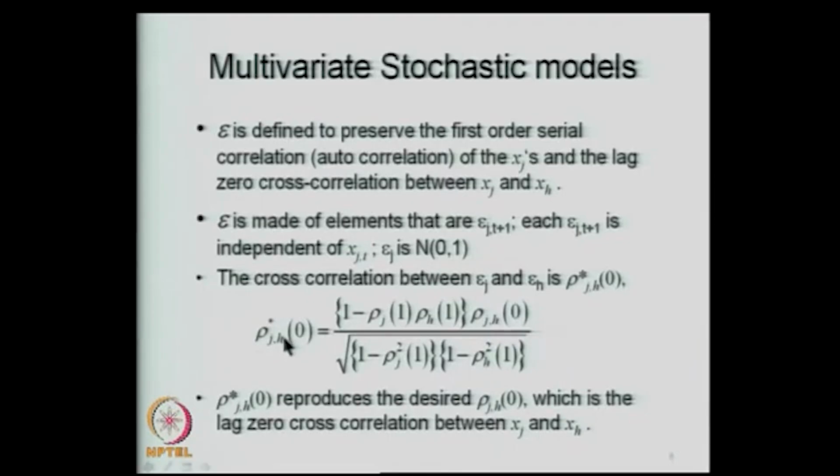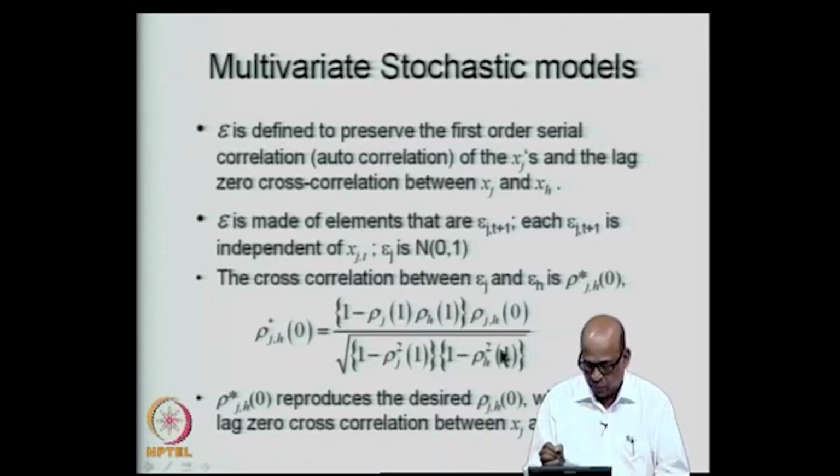So, rho j h 0, the cross correlation between site j and site h at time lag 0, is defined by this expression. You look at what we have here.